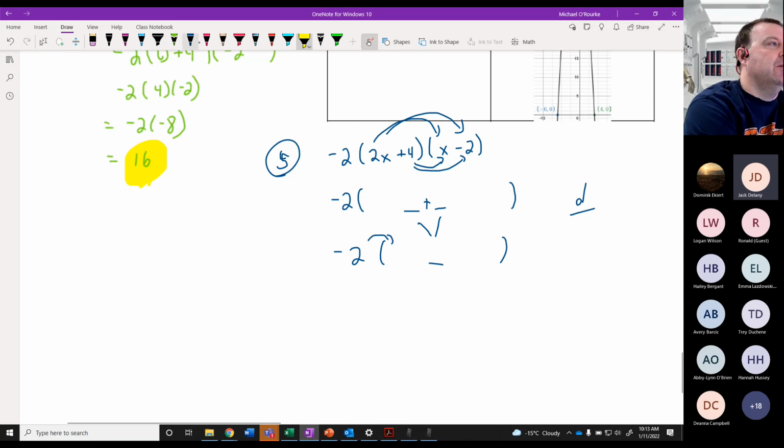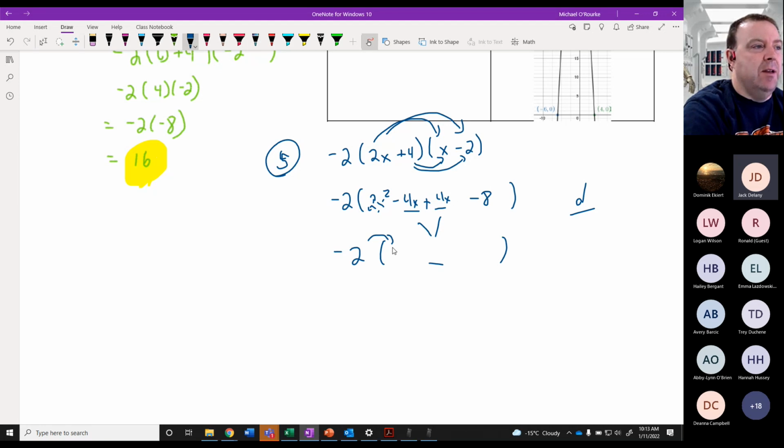Perfect. So if I were to do this, I'd do my first one, it'd be 2x squared. Minus 4x plus 4x. Minus 8. That's going to equal 2x. These are going to equal 0, so let's get rid of those. And minus 8, 2x squared.